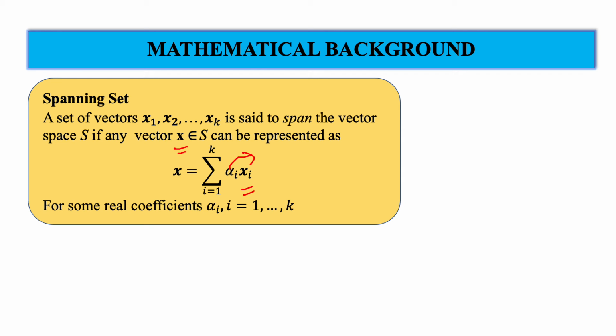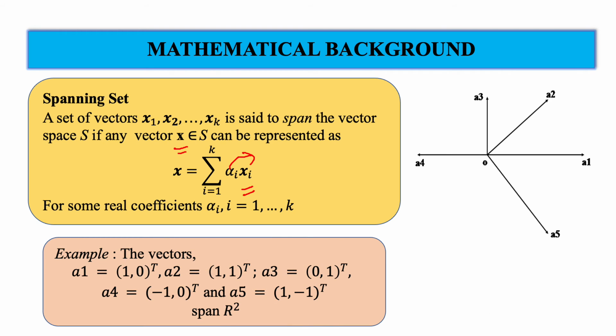Now here is an example. You have 5 vectors given here: A1 which is (1, 0), A2 which is (1, 1), A3 which is (0, 1), A4 which is (-1, 0), and A5 which is (-1, -1).